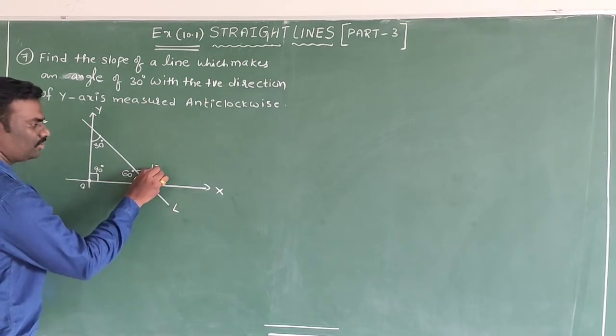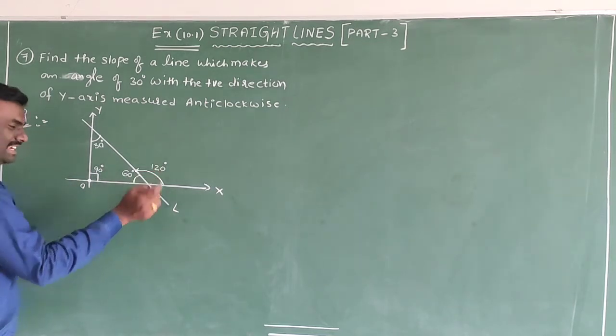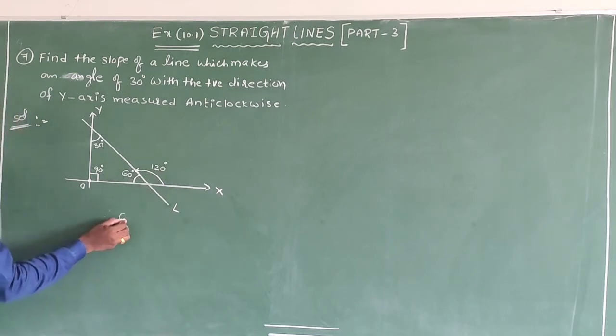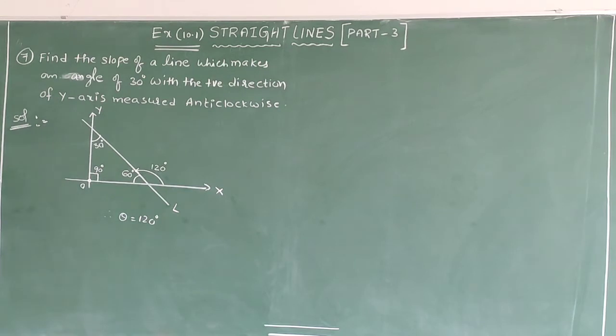This angle is 120 degrees. Why? Because this is a straight angle, total is 180. This is 60, then the remaining angle is 120 degrees. According to the slope definition, it can be taken as inclination. Therefore, theta is equal to 120 degrees.